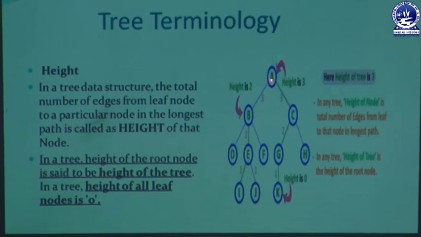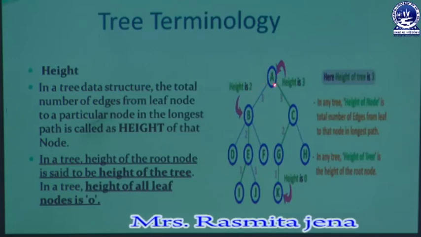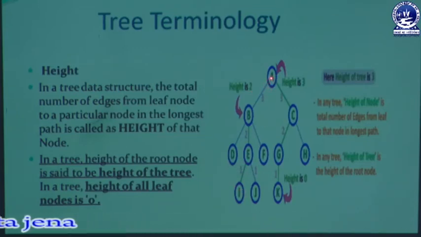In a similar process, if we ask the height of node A, that means the longest path from A to its last leaf node is called the height. You can see one edge is from A to B, from B to E, and then from E to I. So the height of this node is 3.